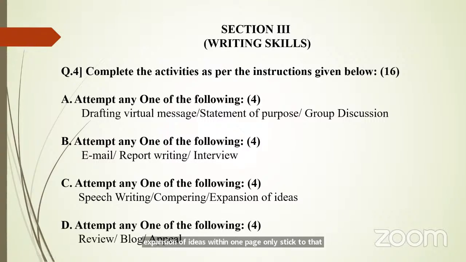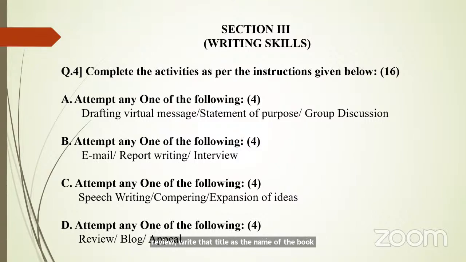And the last one is review, blog, or appeal. Here, review can be a review of a book, a film, a documentary, or any video you have seen online. So what is expected in the review? If it is a book review, write the title as the name of the book.